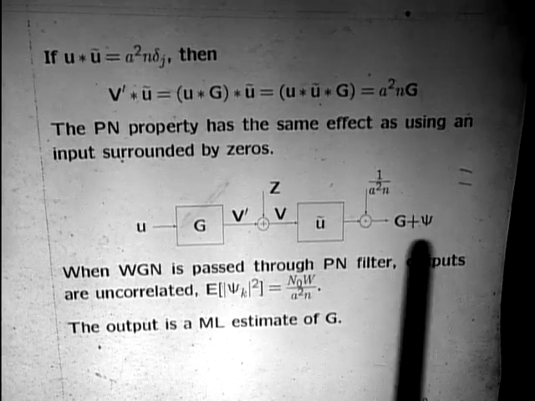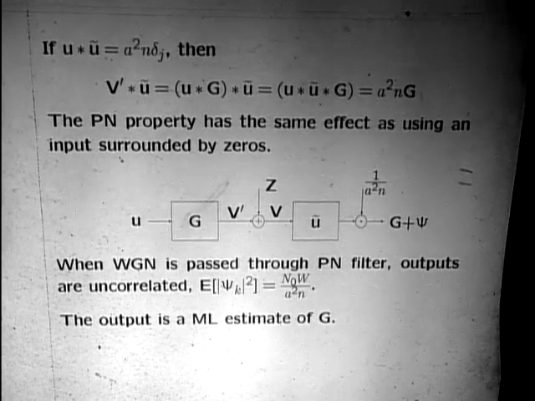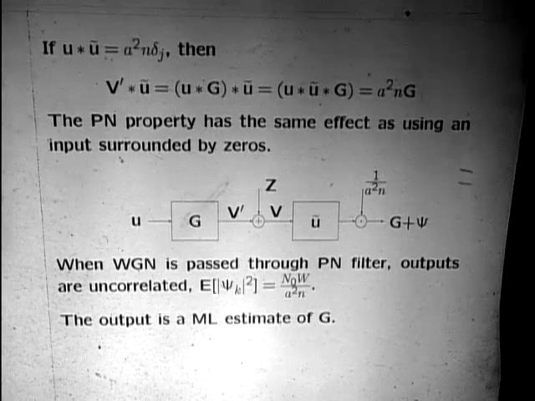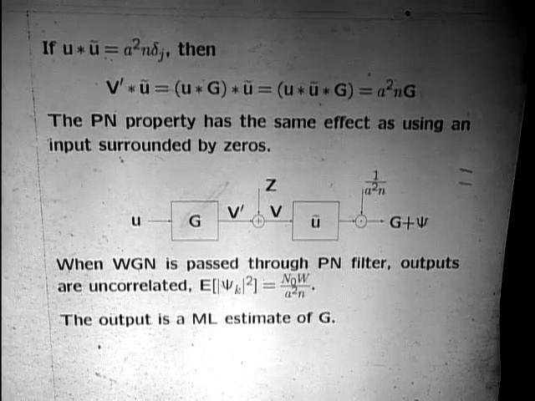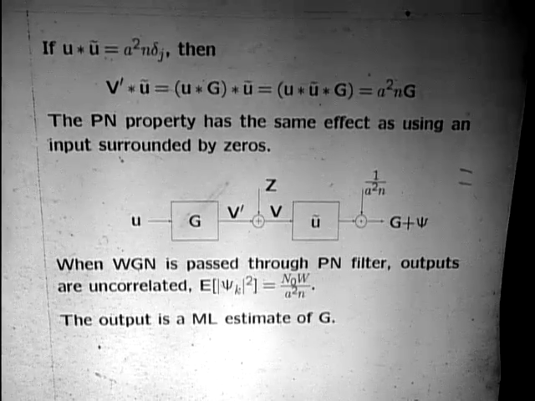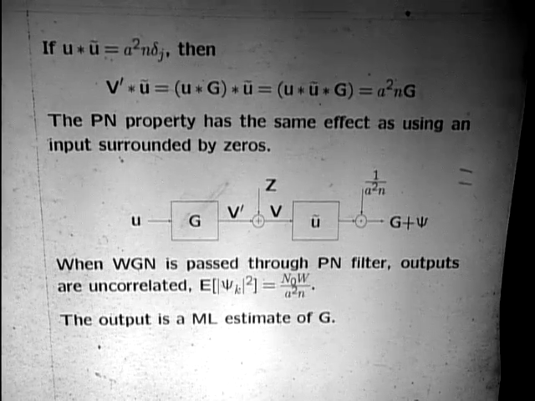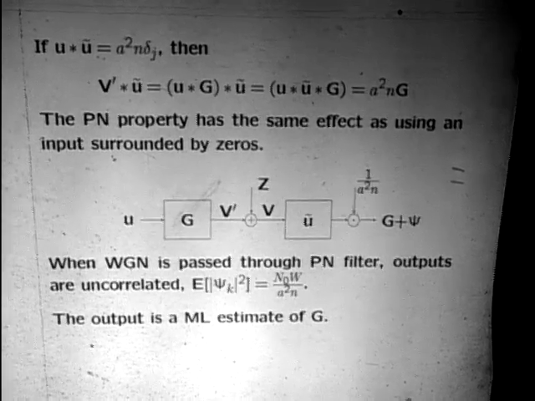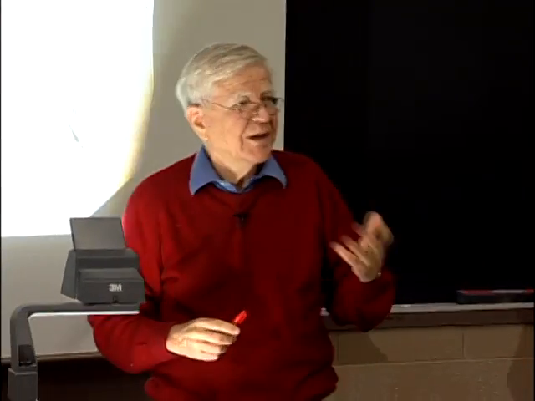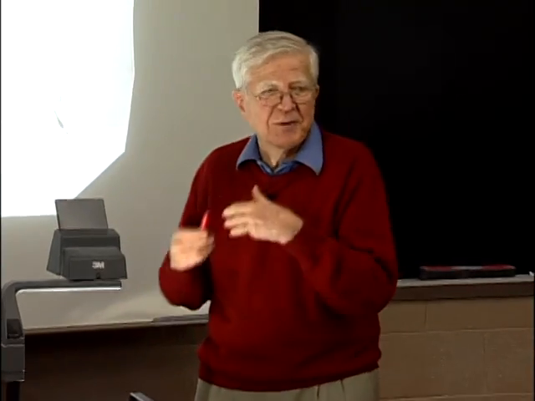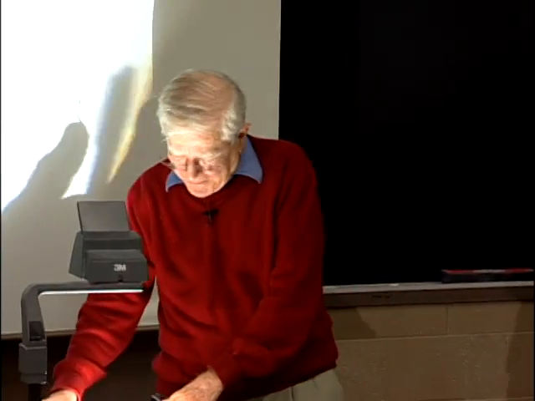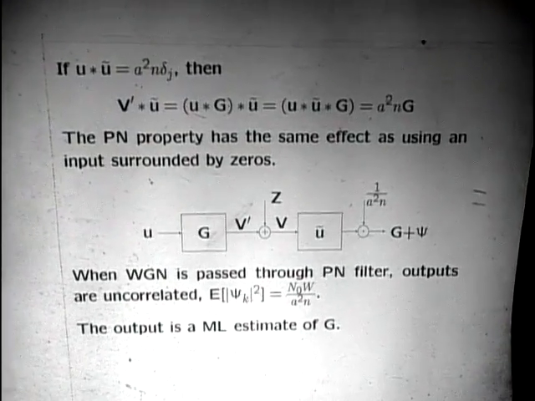So what comes out is the filter plus white noise, which is the same thing that happened when we put in a single input with zeros on both sides. Okay? So using a PN sequence works in exactly the same way as this very special pseudo-noise sequence, which just has one input in it, which happens to be a pseudo-noise sequence in this term also. Okay, so the output then is going to be a maximum likelihood estimate of G.